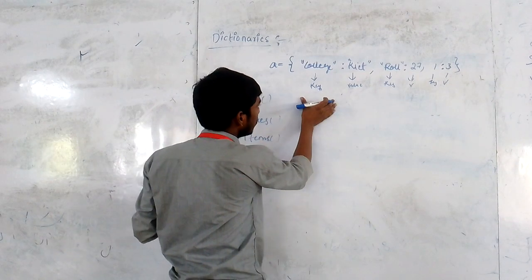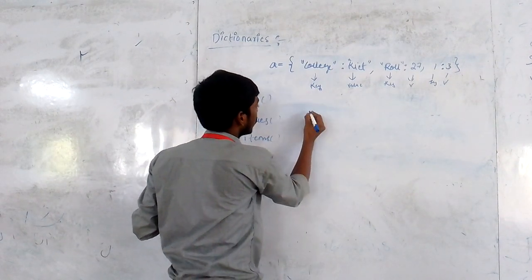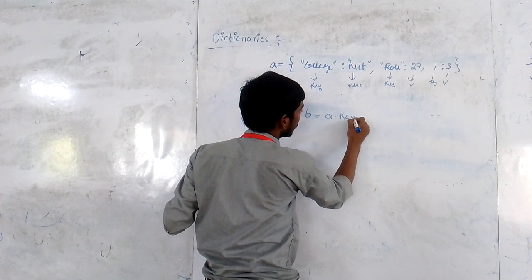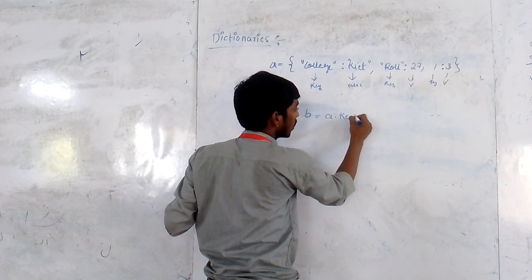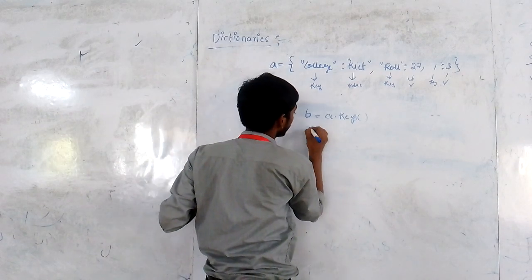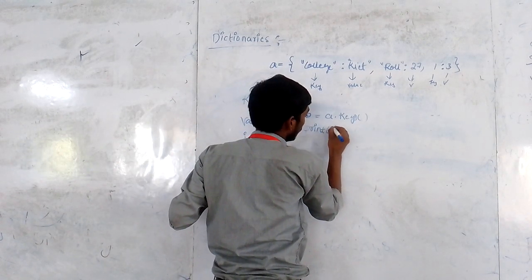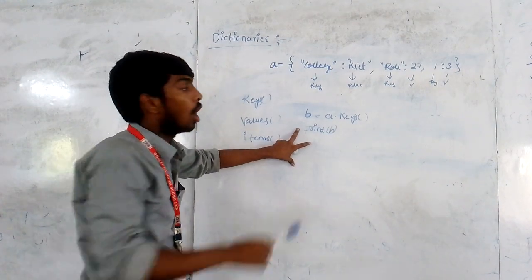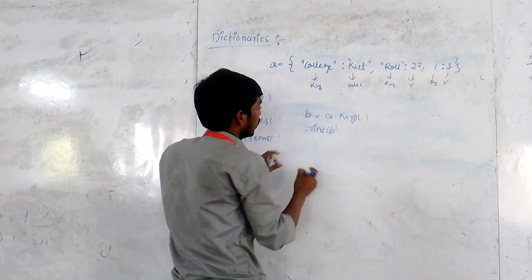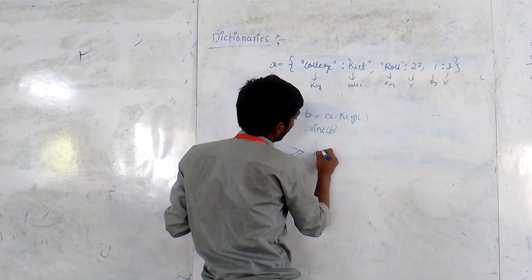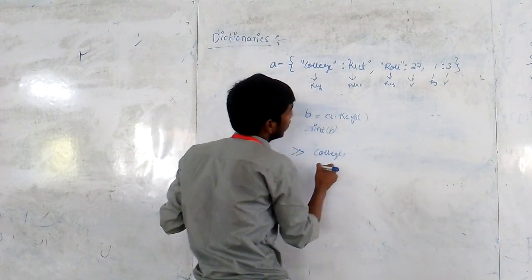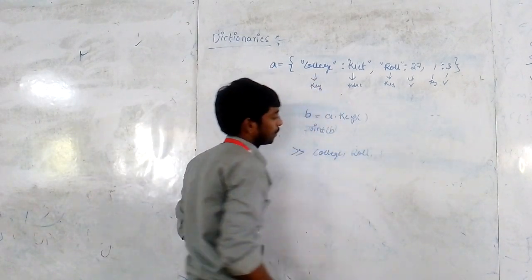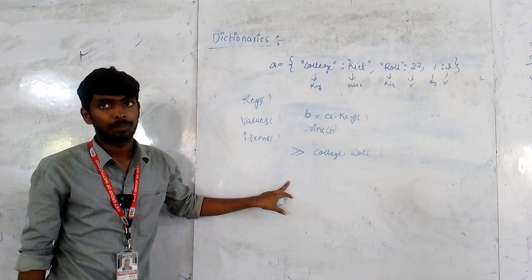I have already taken the dictionary above, so I am accessing with that. b equal to a dot keys, print b. This will return all the keys in the given example. The keys are college, roll, and 1. This is the required output.